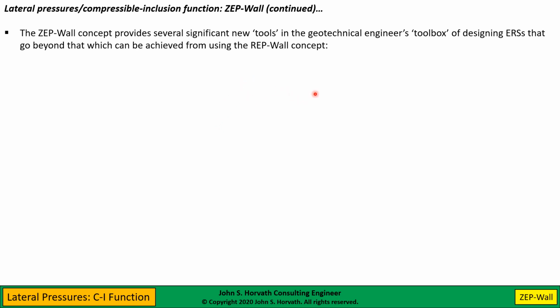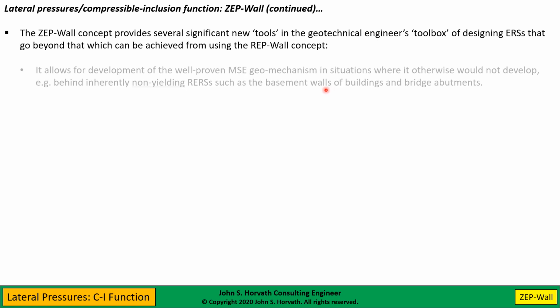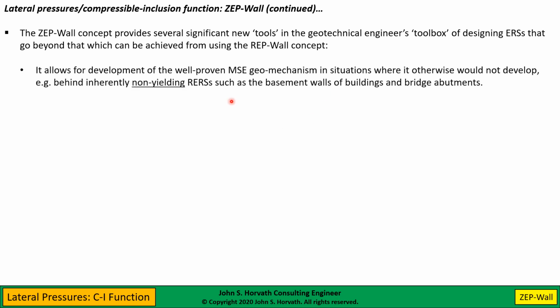So this ZEP wall concept really provides some new tools in our geotechnical engineer's toolbox that go well beyond what can be achieved with the REP wall concept. First of all, it allows for development of the well-proven mechanically stabilized earth geomechanisms in situations where it would otherwise not develop, such as behind inherently non-yielding rigid earth retaining structures such as basement walls of buildings and bridge abutments.